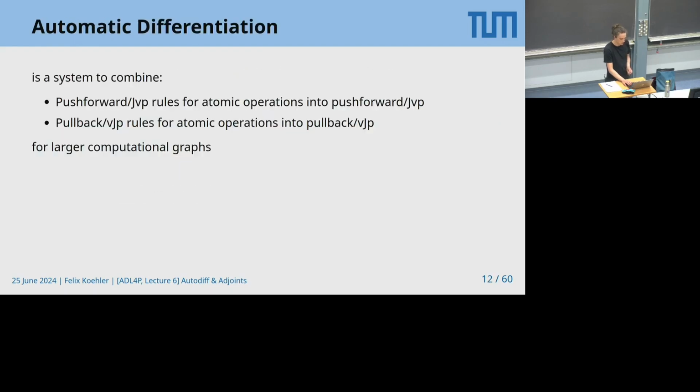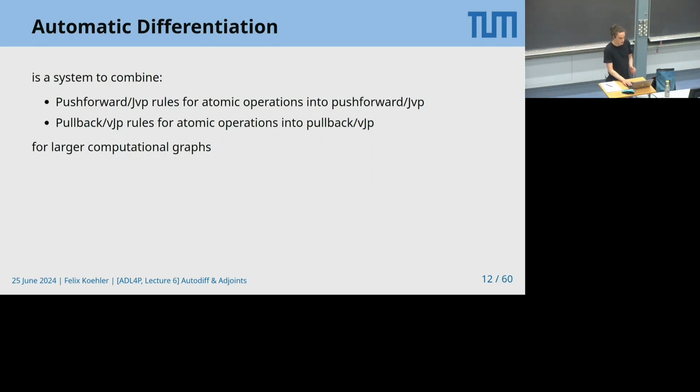So in summary, we could say that Autodiff, in its primary modes, can either be done in a forward sense, then we talk about push forwards or JVPs, or in a reverse sense, then we talk about pullbacks or VJPs. It is a system to manipulate the compute graph consisting of elementary atomic operations into a VJP rule for the entire compute graph.